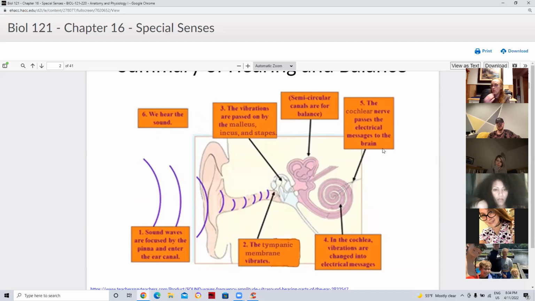And the cochlear nerve is going to pass those electrical messages to the brain. Semicircular canals are going to be used for balance.